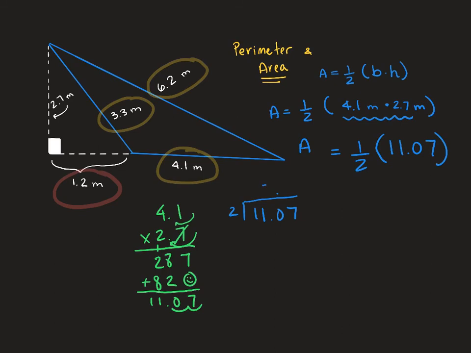So 2 goes into 11 5 times. It's going to be a 10. Bring down the 0. 2 goes into 10 5 times. That's going to be a 10. Bring down the 7. And 2 goes into 7 3 times.